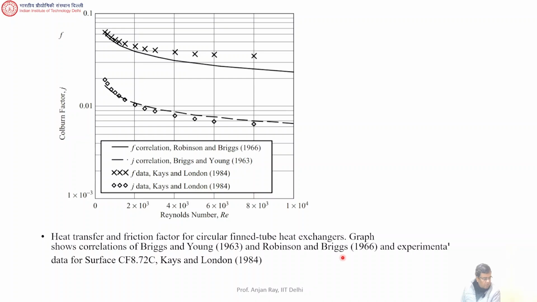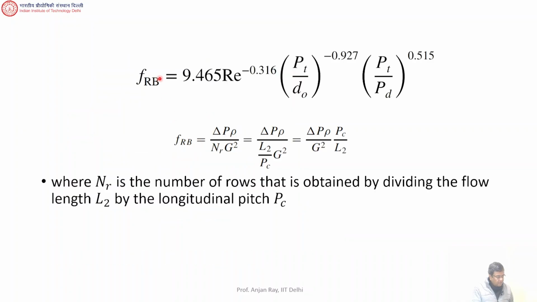This is by Robinson and Briggs. The advantage of writing it as F RB is that you remember it's the Robinson and Briggs correlation. These are odd numbers like this, but we'll have to use this.